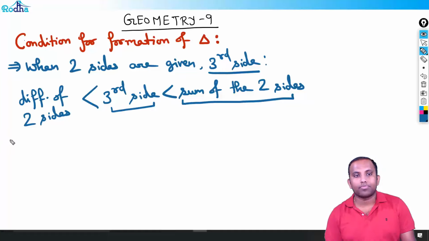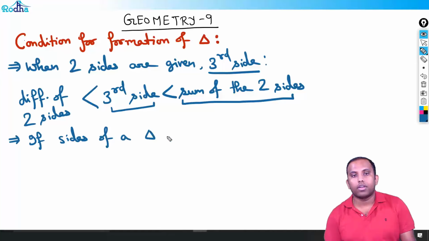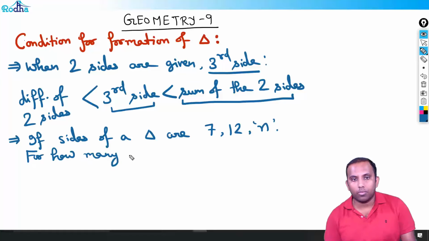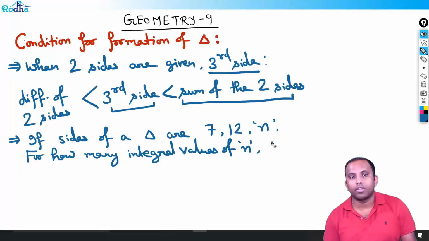For example, if the sides of a triangle are 7, 12 and n, for how many integral values of n will a triangle be formed?